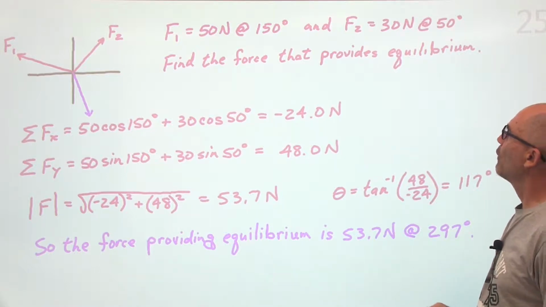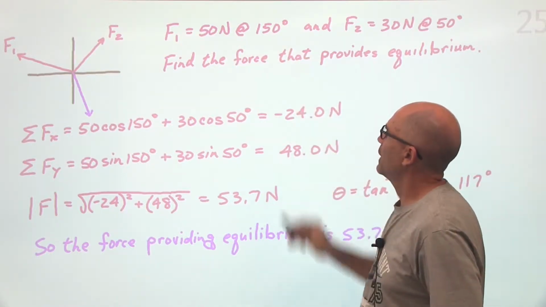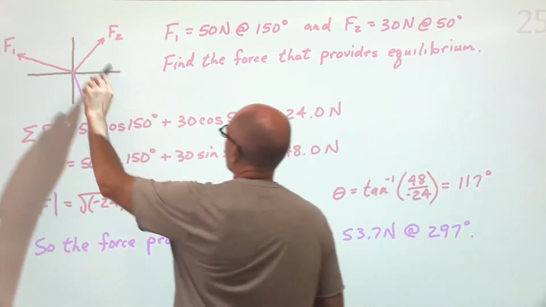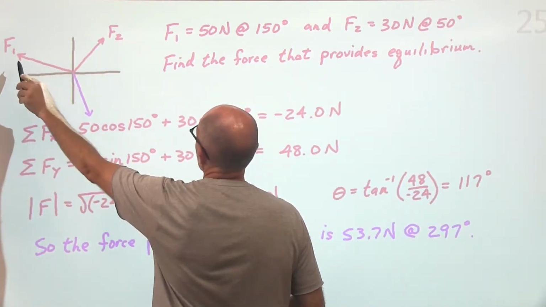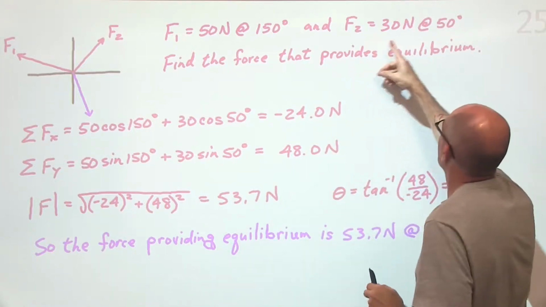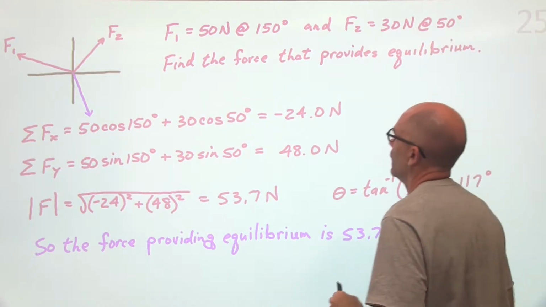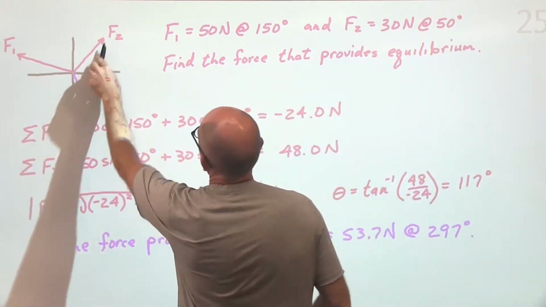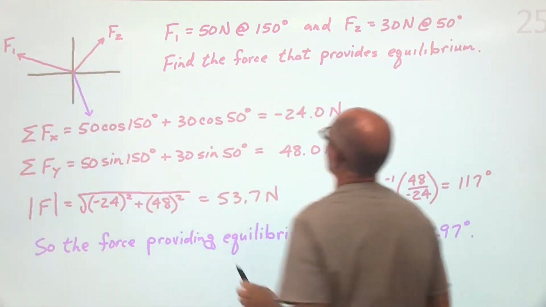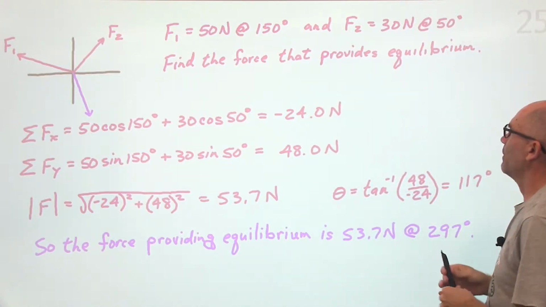Okay, so force 1 is 50 newtons at 150 degrees. So notice 150 degrees, 50 newtons. And force 2 is 30 newtons at 50 degrees. So 30 newtons, 50 degrees. Now what we want is the force that provides equilibrium.